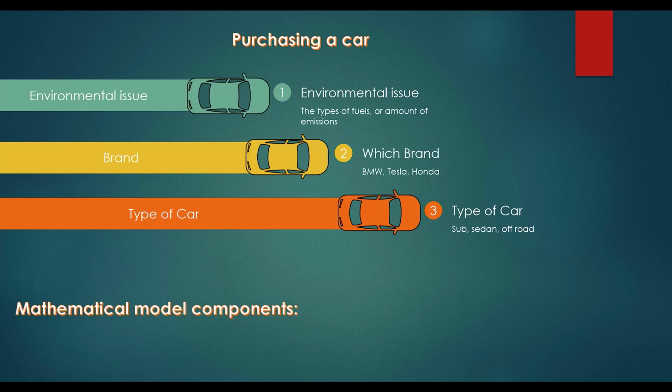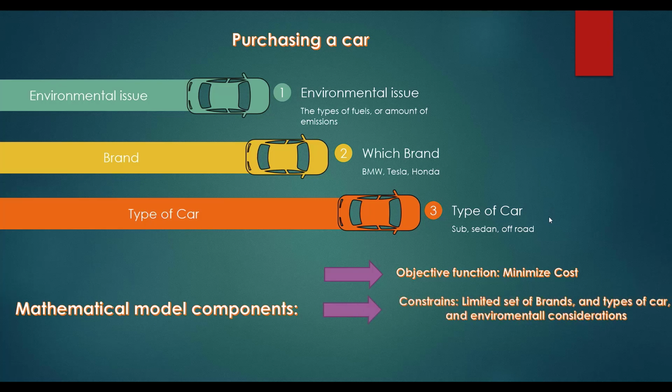So we have a mathematical model for this decision making. For example, you want to minimize the general cost of buying a car, which is the objective function, and you may have constraints such as a limited set of brands and types of cars, or some environmental considerations. There would be binary variables indicating whether this car or brand is selected or not.